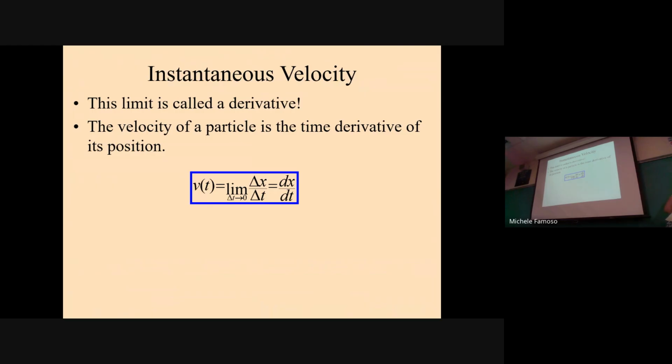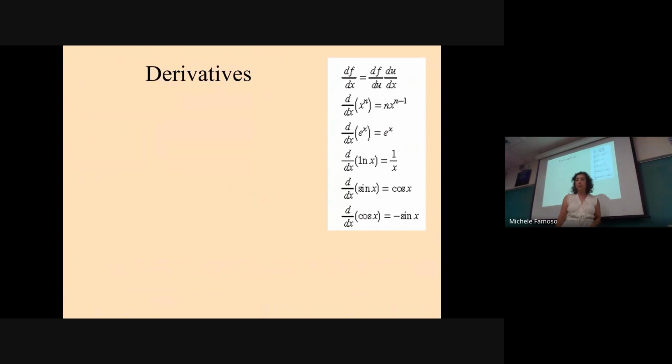You're going to see that some of the equations we develop will be in terms of other variables besides time. You need to know what the variable letter is in the equation, which is what you're looking at the derivative of. Okay, so we're looking at the derivative of the position with respect to time. On your AP Physics reference table, there is a chart showing you what the derivatives of specific functions are equal to.